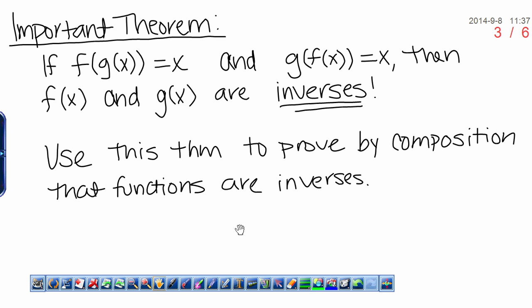The time when you will use this is when you are asked to prove by composition that the functions are inverses, or determine if the functions are inverses by using composition. Okay? If you see that word composition in there, it means we definitely want to see you do the two compositions, f of g of x and g of f of x.